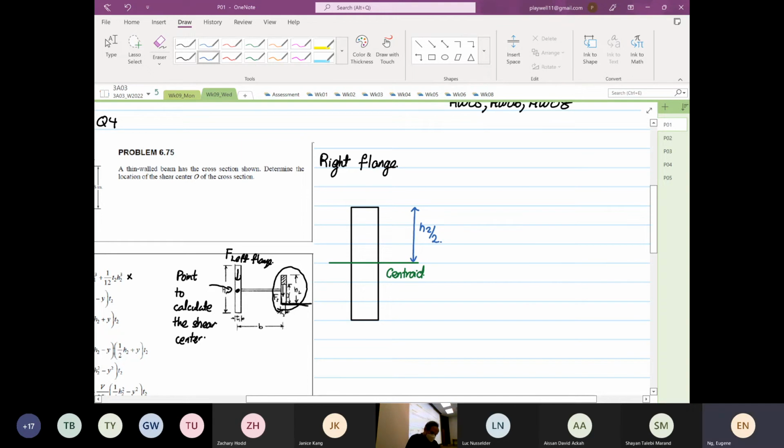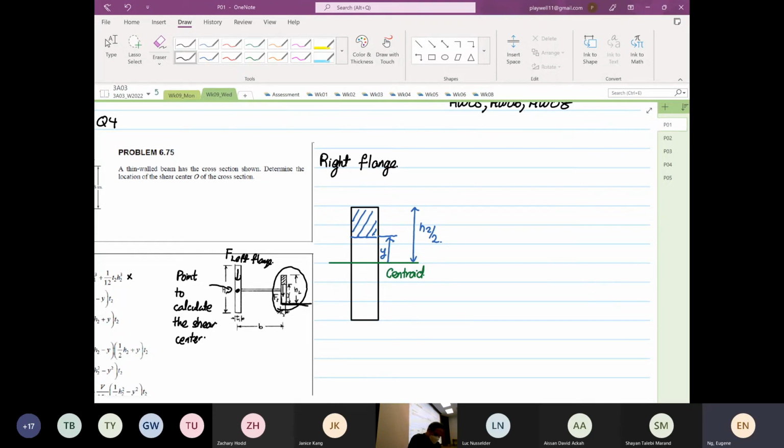Okay, and then the distance from here to here is our y. Okay, so this is the area that I want to consider. That is the area I want to consider.